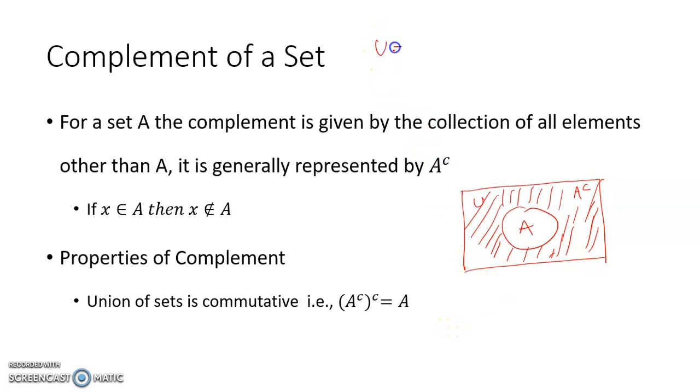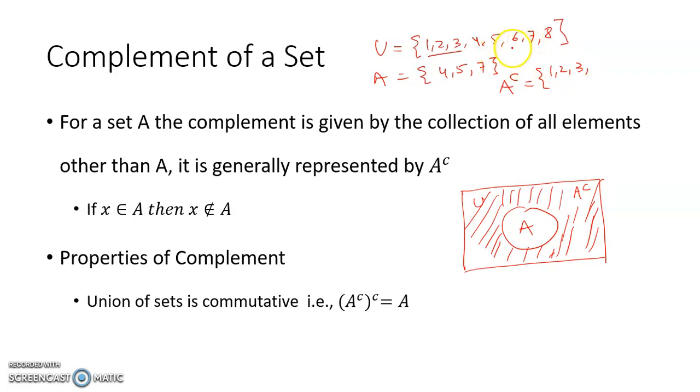So if the universal set is, let's say, 1, 2, 3, 4, 5, 6, 7, 8, and set A is, let's say, 4, 5, and 7, then the complement of A will become anything which is not here: 1, 2, 3, not in A, right?